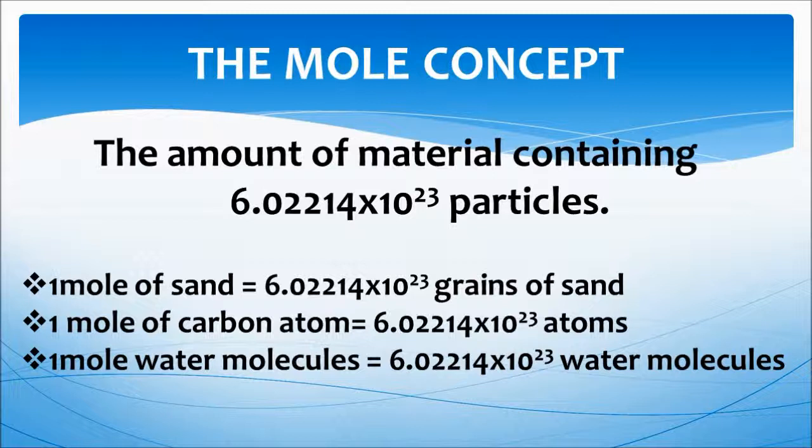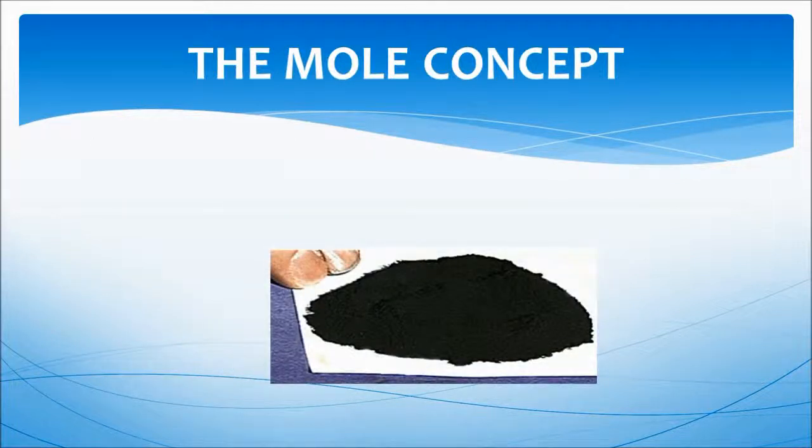So it's the amount of material containing 6.022 times 10 to the 23 particles. Again, that's the number of particles you will have in pretty much anything when you describe a mole.